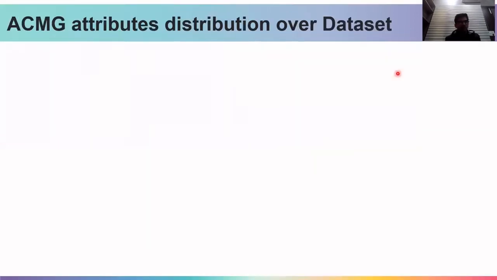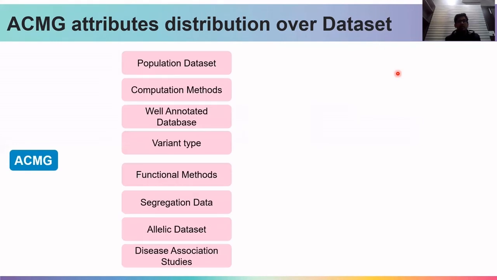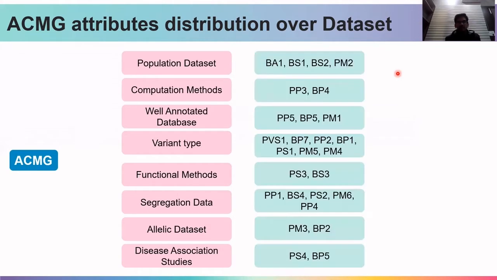Next, how have these ACMG attributes been distributed over different data sets? As I told you in the previous session, there are different data sets and methods on which ACMG relies to classify the variant into 5 different categories, whether it will be disease causing or not disease causing. These attributes are associated with these data sets and methods.